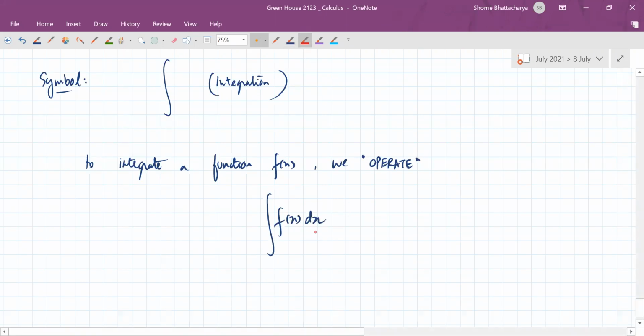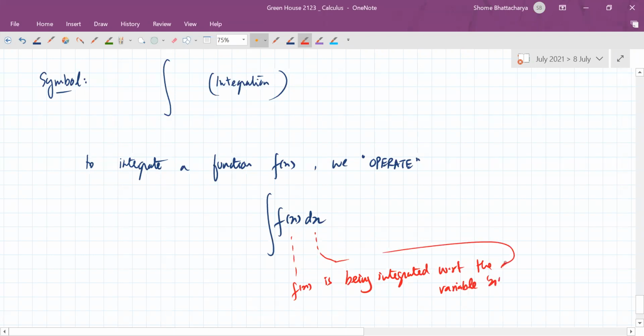That dx is written to show that the function f(x) is being integrated with respect to the variable x. So that is where this comes in, and this is of course the integration symbol.